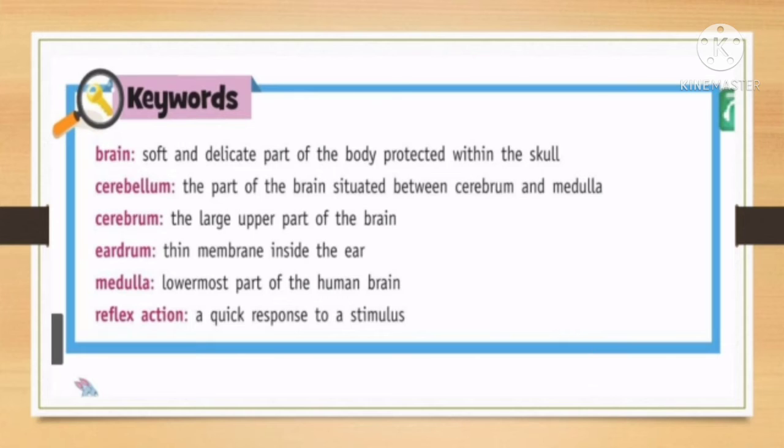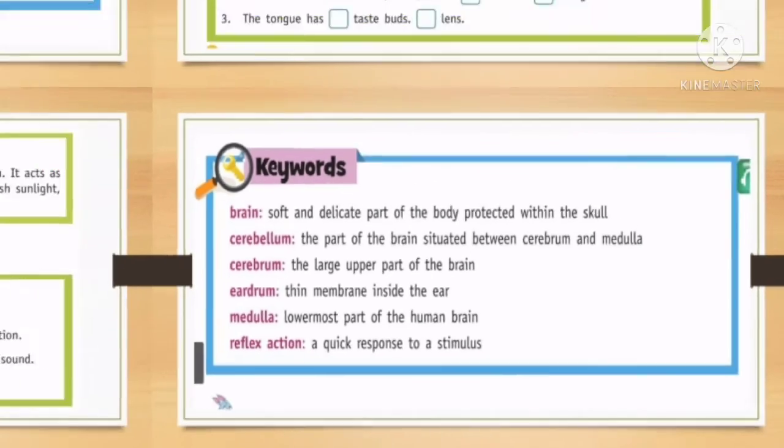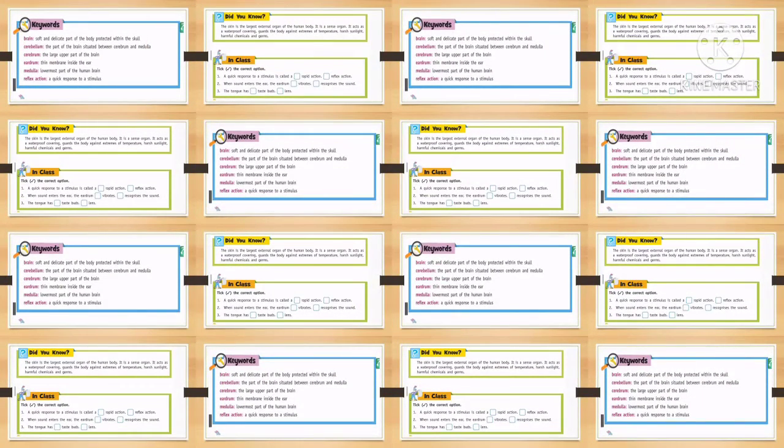Whenever our foot gets stepped on a thorn, within seconds we pull it. This is because of the reflex action. In this, our body works in the fastest way it can, and this is done with the help of our spinal cord.